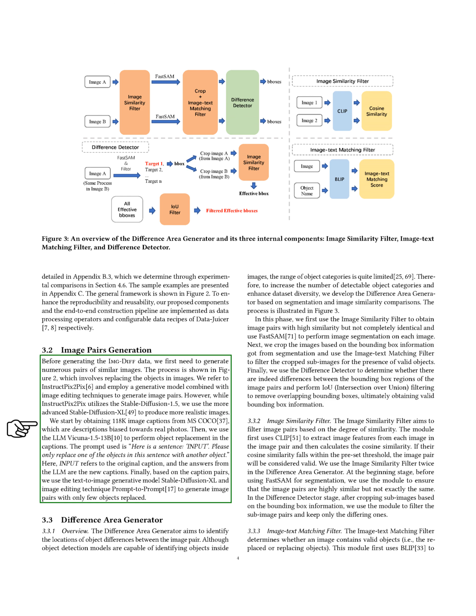Then, we use the language model Vicuna 1.5 13B to replace objects in these captions. The prompt we use instructs the model to replace one object in a given sentence. Finally, we generate image pairs based on these new captions using the Stable Diffusion XL model and the prompt-to-prompt technique, ensuring that only a few objects are replaced in the images.